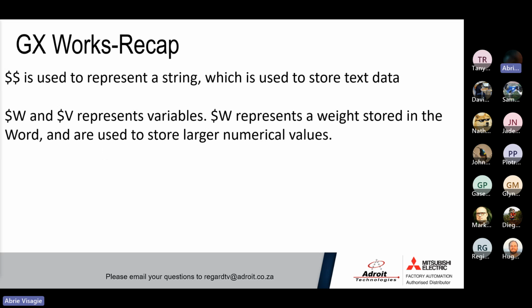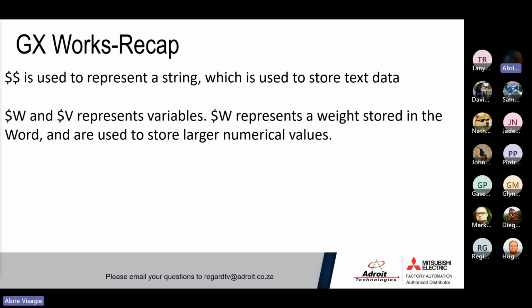Next, for the GX Works side of things, quick recap. We see the $ sign is used to represent a string, which is used here to store text data. And this will be stuff like addresses, names, passwords, etc. On the other side, $W and $V both represent variables.